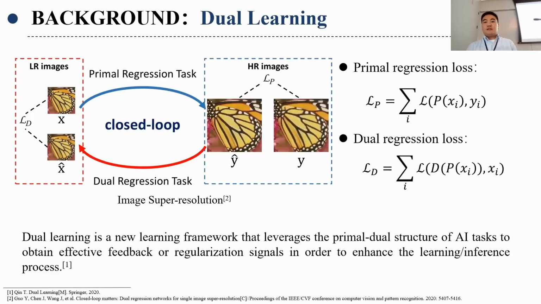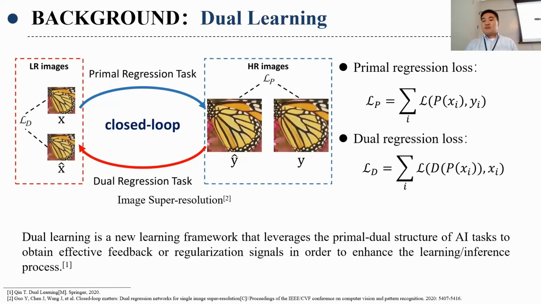So this is about dual learning. Unlike traditional supervised learning or semi-supervised learning, it is a new learning paradigm that forms a closed loop system by creating a dual problem of the primal problem. Through this closed loop system, the primal and the dual problems can mutually promote learning from each other, resulting in better learning.